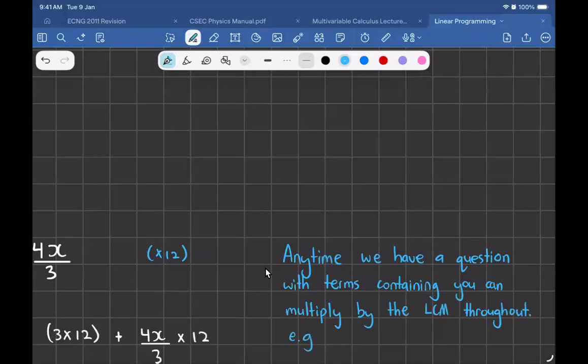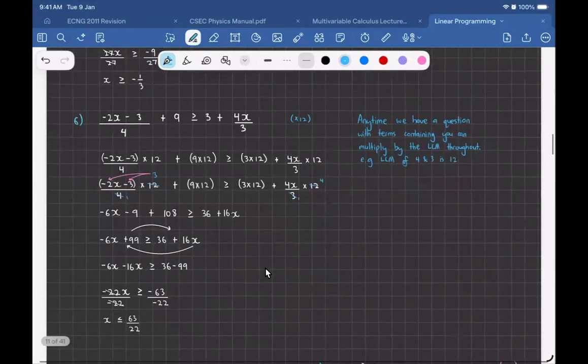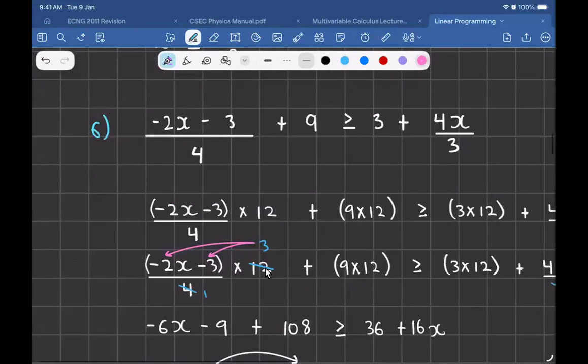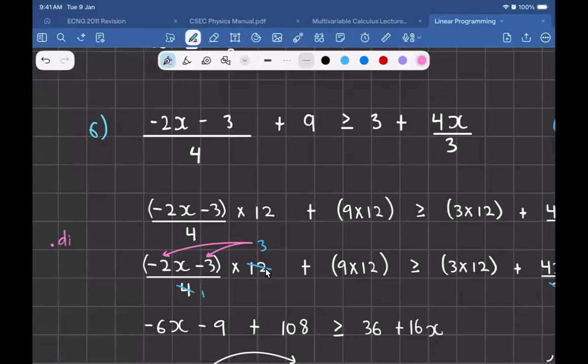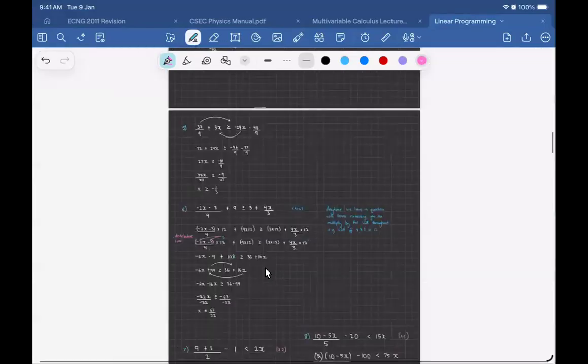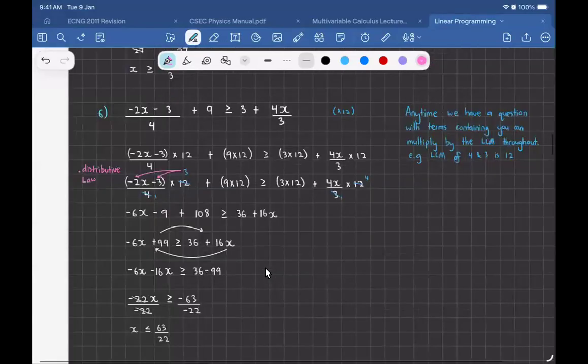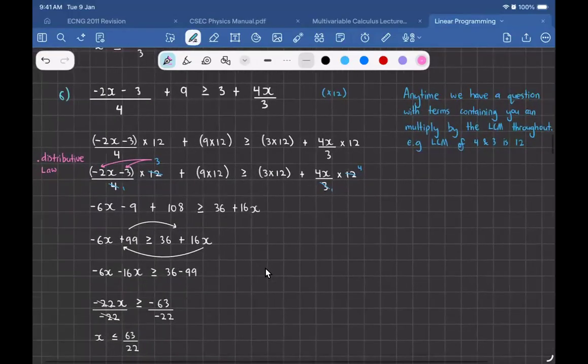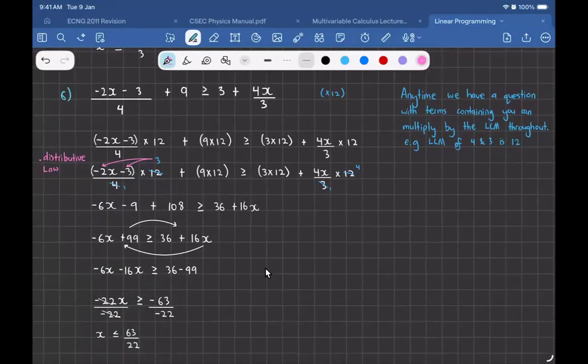Example, LCM of 4 and 3 is 12, right? Distributing. Nice. You all could go ahead and copy down this example in its entirety. Please copy down the little side notes as well. They would help you understand the process.